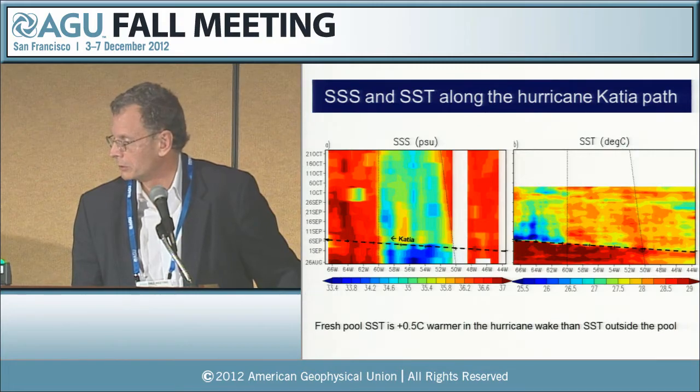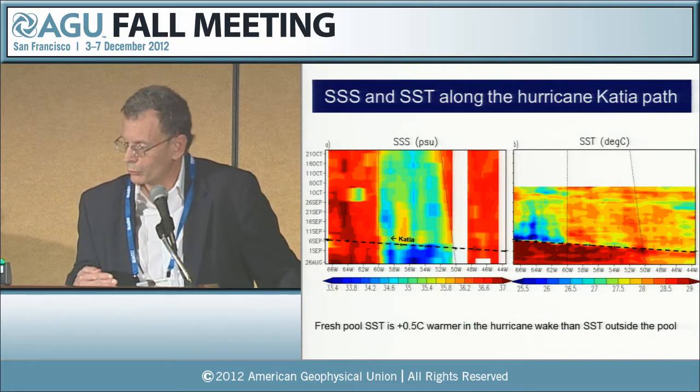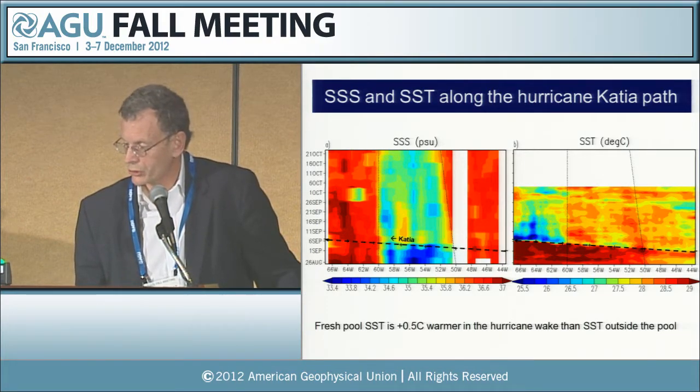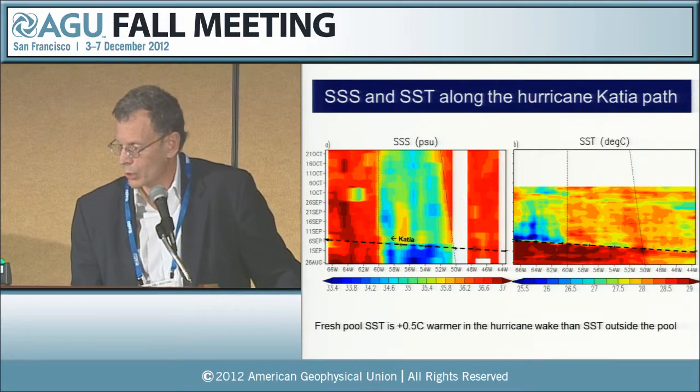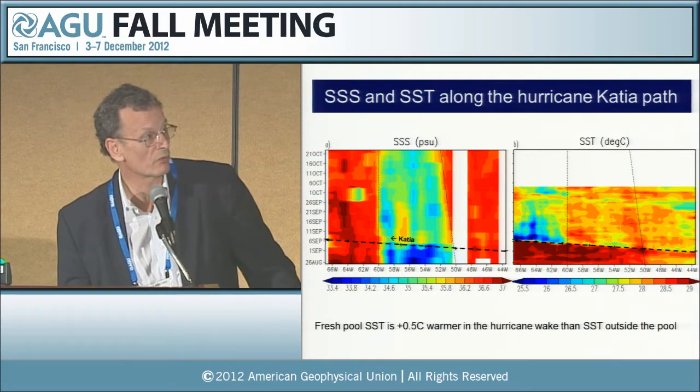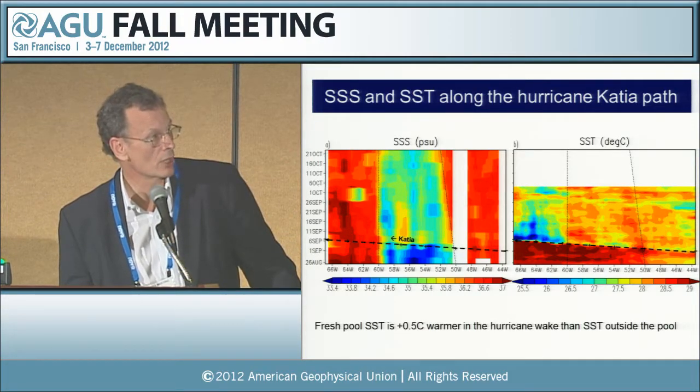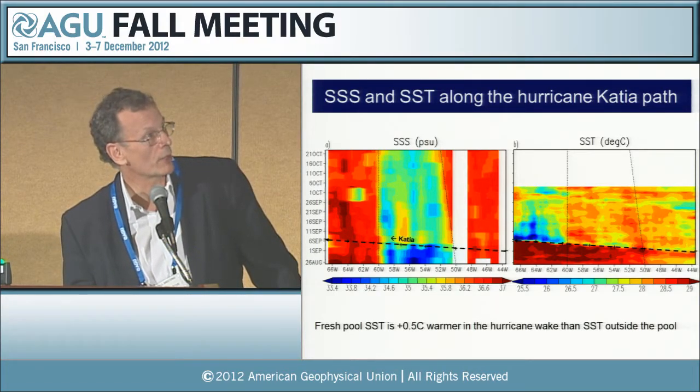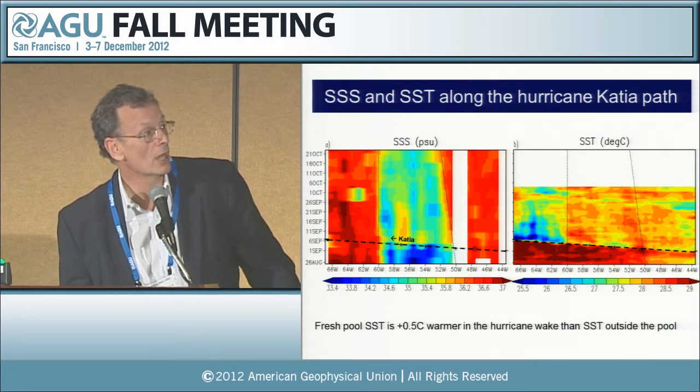And then if you look at sea surface salinity and sea surface temperature along the track, this is really just conveying the same information. The vertical axis is time, the horizontal axis is the longitude along track, the panel on the left shows sea surface salinity, and the panel on the right SST.